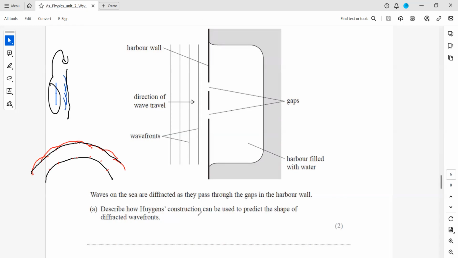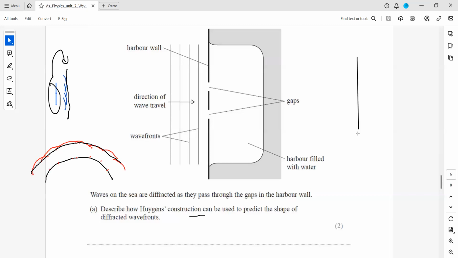So describe how Huygens construction can be used to predict the shape of a diffracted wavefront. How can we identify what will be the shape of the diffracted wavefront? Using the primary wavefront and a compass, how can it be done?